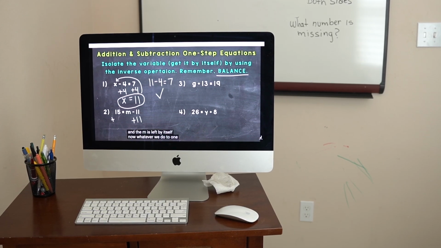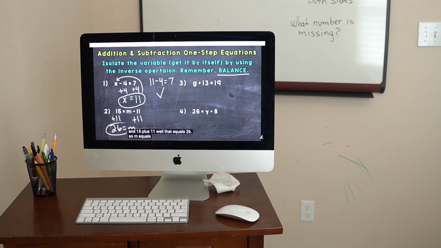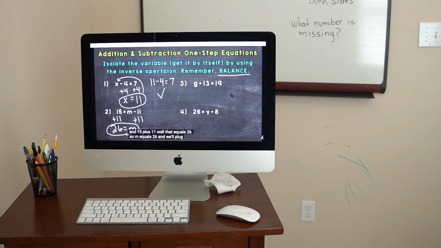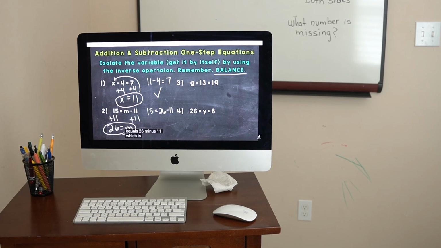Now, whatever we do to one side, we have to do to the other. So m is by itself, and 15 plus 11 equals 26. So m equals 26, and we'll plug back in to see if that's true. So 15 equals 26 minus 11, which is true.